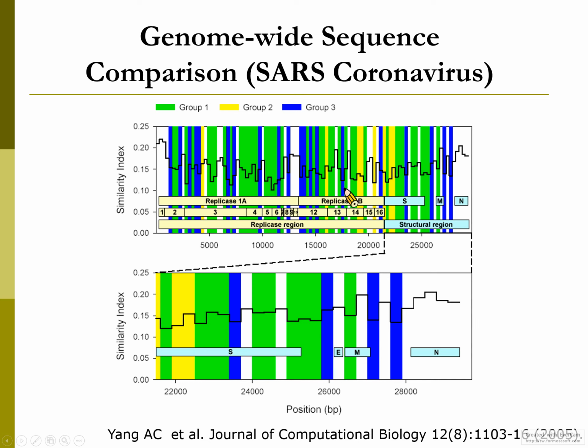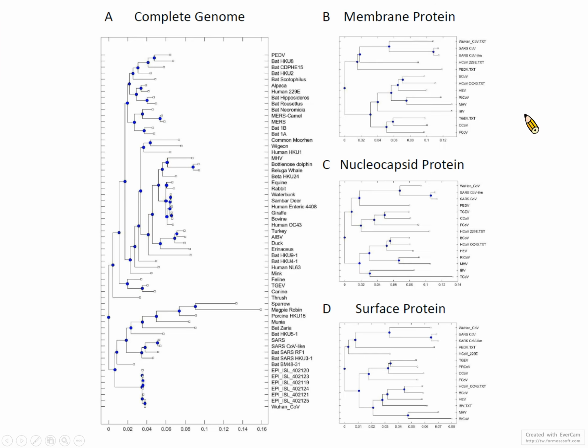So this is also true in the current pandemic, which is caused by the so-called SARS-CoV-2. And we know that SARS-CoV-2 is very similar to the original SARS. So just like in our published data, we use our method to compare SARS-CoV-2 to the other coronaviruses, and we found that this SARS-CoV-2 is very close to the SARS virus and also the SARS-related bat virus.